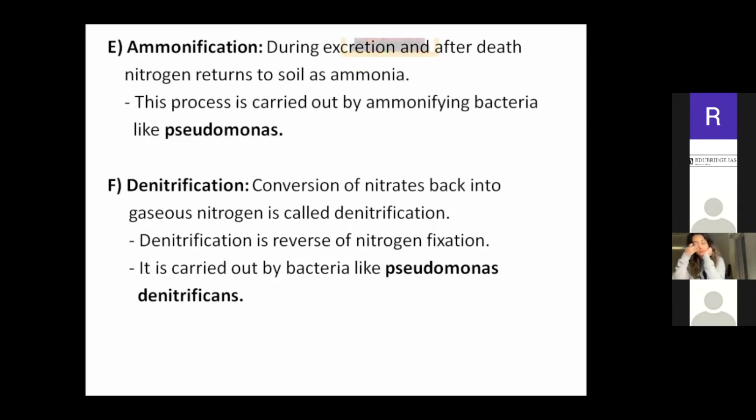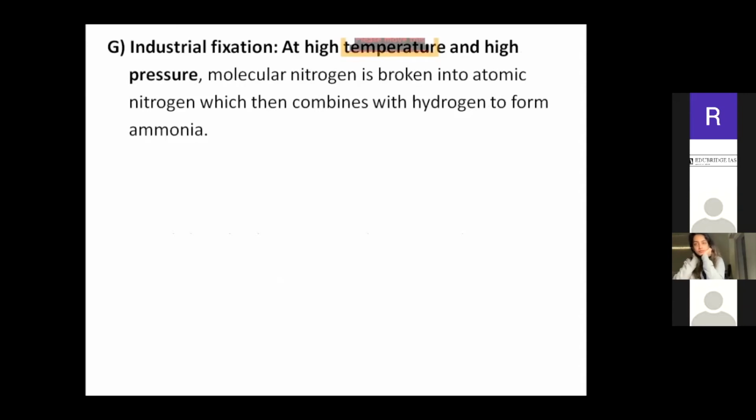Next, apart from these natural processes, there are industrial activities also. For example, we have fertilizer factories. So fertilizer factories, under high pressure and high temperature conditions, break the nitrogen molecule into atomic nitrogen, which can be combined with hydrogen to form ammonia, NH3.